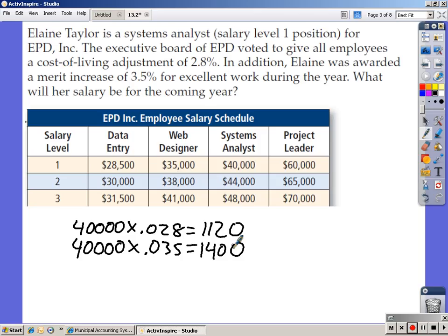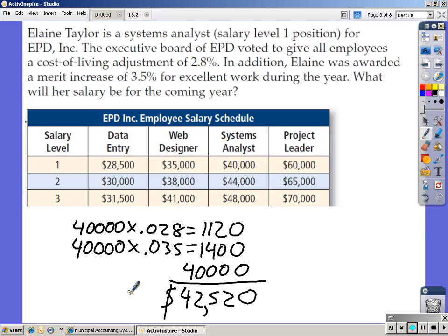Well, you incorporate the cost of living and the merit, as well as her original salary of 40,000. Add those up. $42,520 is her salary for the upcoming year.